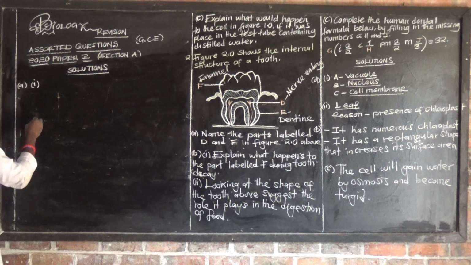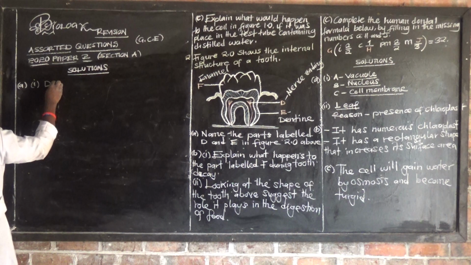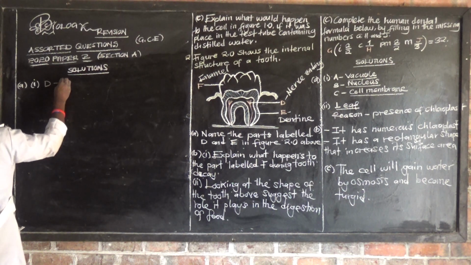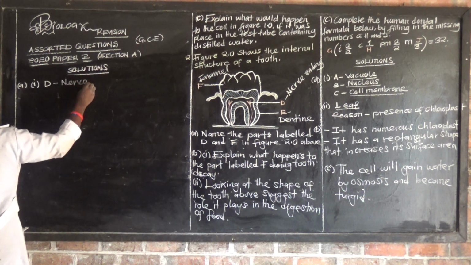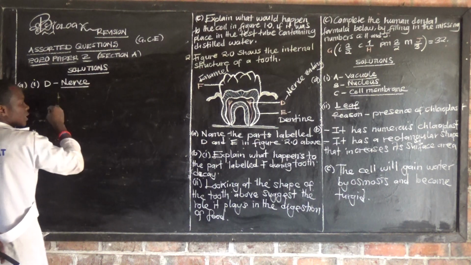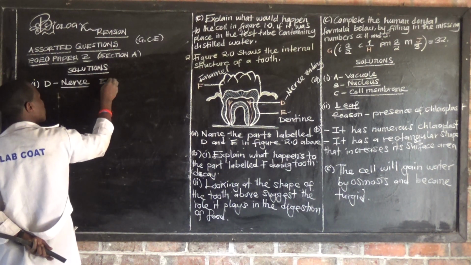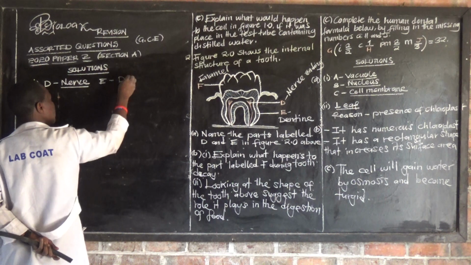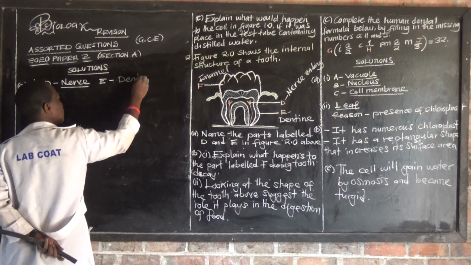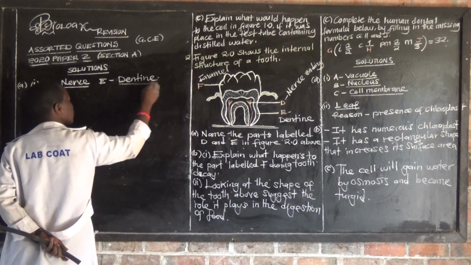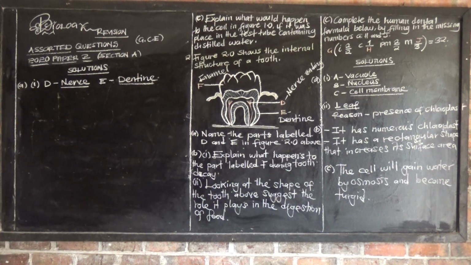They want us to identify the parts D, which is our nerve. Then what is our E? Dentine. Okay. Then we can proceed.